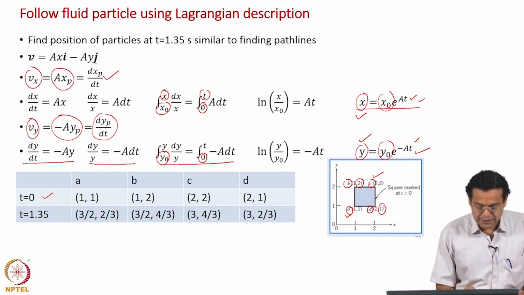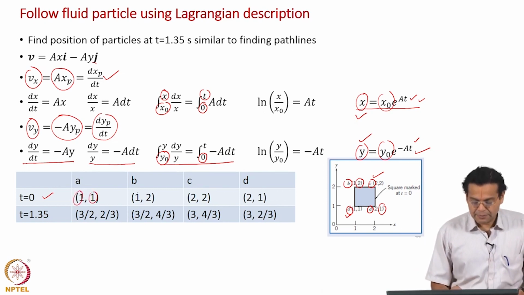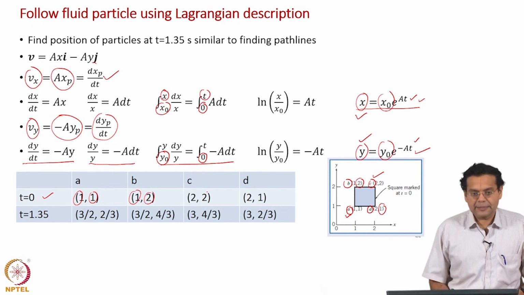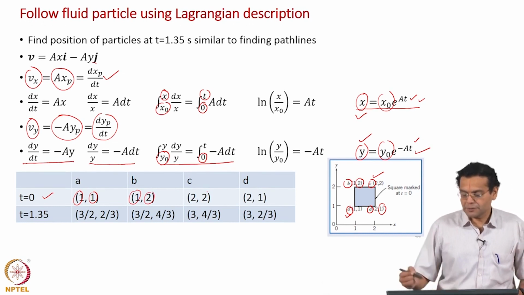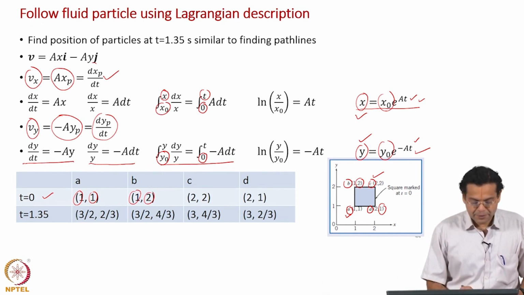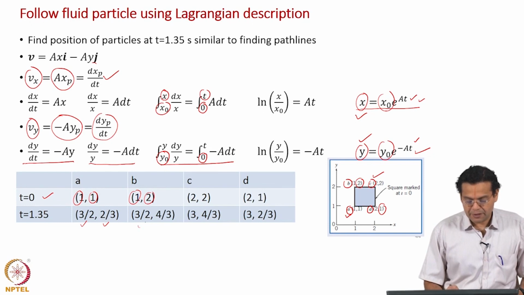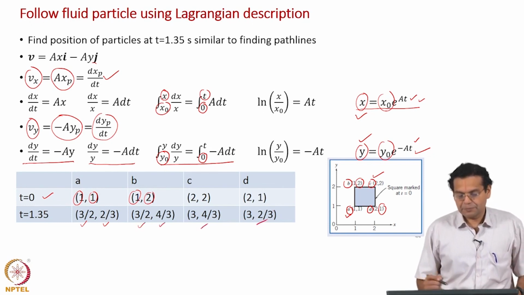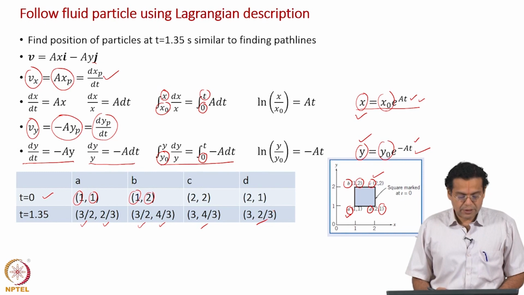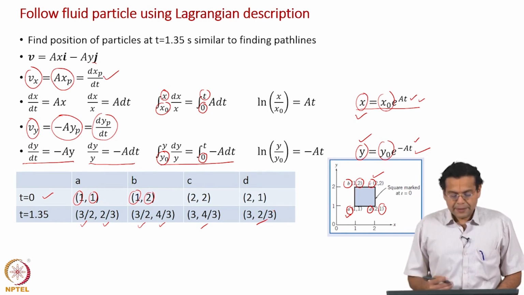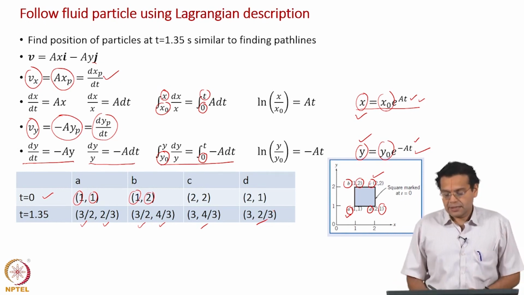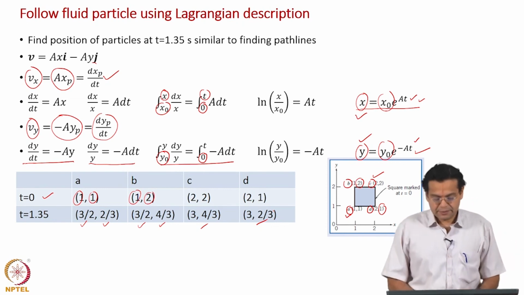So, in fact these are the x naught, y naught, and similarly for particles b, c and then d. So, substitute x naught, y naught, substitute t equal to 1.35, then you will get the new x coordinate and y coordinate of point A, similarly for b, c and then d. So, the second row gives the x and y coordinates of a, b, c, d after a time interval of 1.35 seconds.